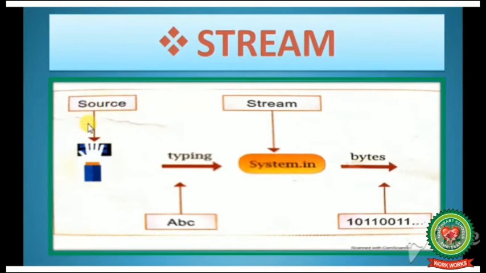See, firstly this is a keyboard, that is a source. From the source we are typing the data, any kind of data like 1, 2, 3 or ABC. Now with the help of System.in, it changes into bytes like 0 and 1.